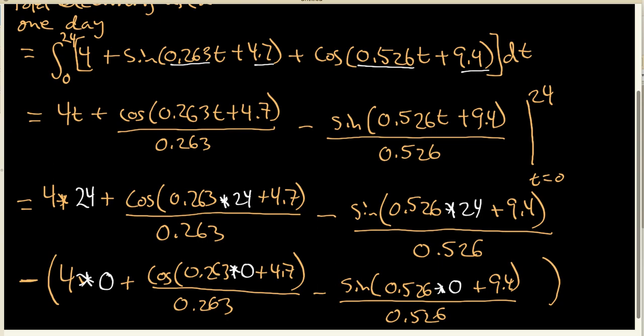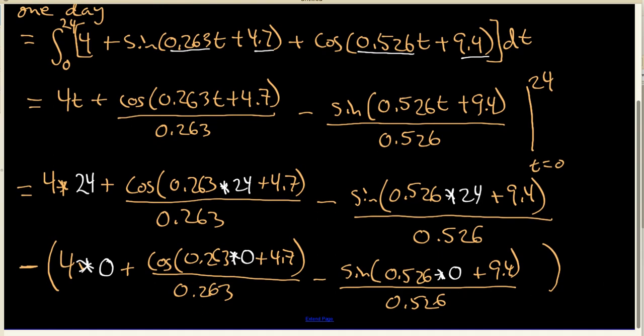Now, when you think about plugging this into a calculator, it's important to realize, and I'm going to do this kind of sloppy, that particular term is going to go to 0. This stuff here is going to go to 0, so we're going to be looking at the cosine of 4.7. This stuff is going to go to 0, so we will be looking at the sine of 9.4.